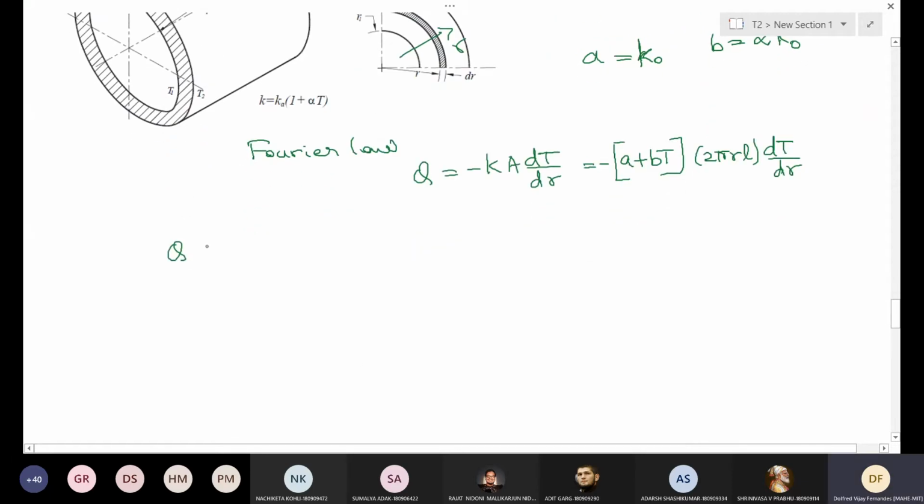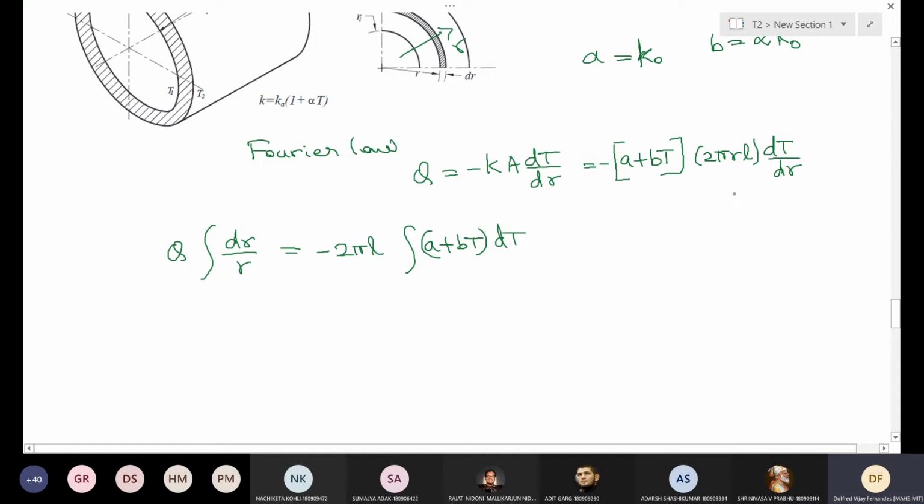So I write Q into integral dr by r equal to minus 2 pi L, then integral A plus BT dT.